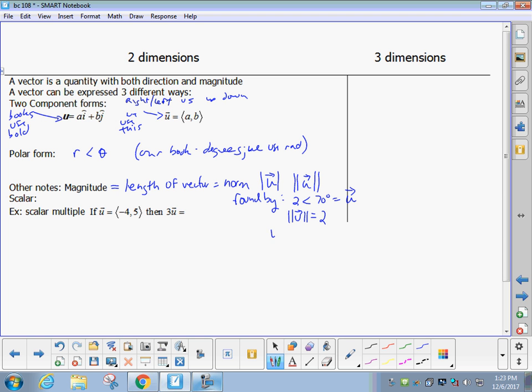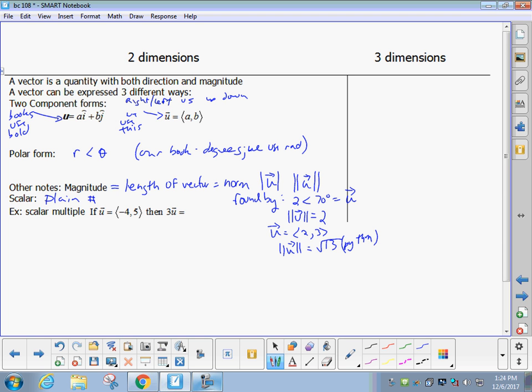If, however, I give you component form, u is 2 horizontally and 3 vertically, then the magnitude is found by the Pythagorean theorem, square root of 13 in this case. You follow? In both cases, the magnitude or the norm is a scalar. It's just a number. It's not a vector, with a direction. It's how long it is, period. A scalar is just a plain number.